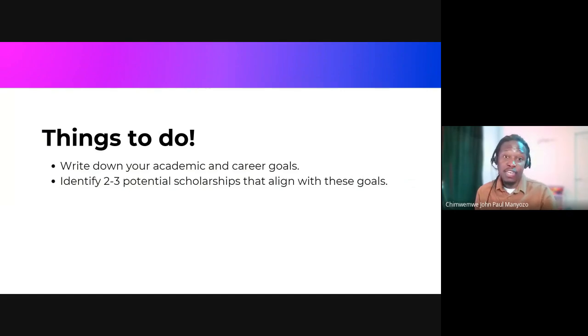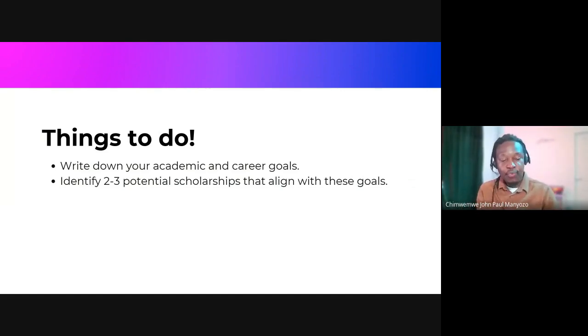It could be, I want to graduate with a distinction, or I want to do a master's, I want to do a PhD, and I want to do a PhD in biomedical sciences or something of that sort. And then you can also start to write about what kind of career you want to have. I want to be a researcher, I want to be a banker, I want to be a change maker. I want to be somebody who is in climate change. So write all those things down and get to the detail as much as possible.